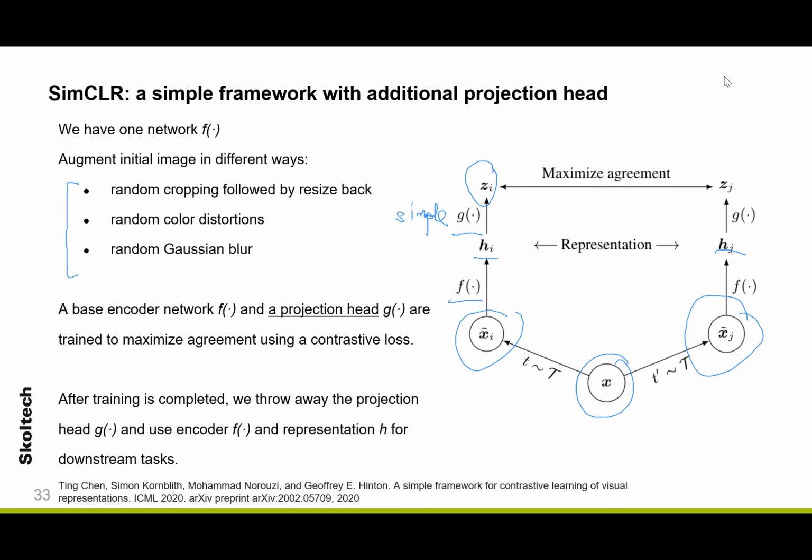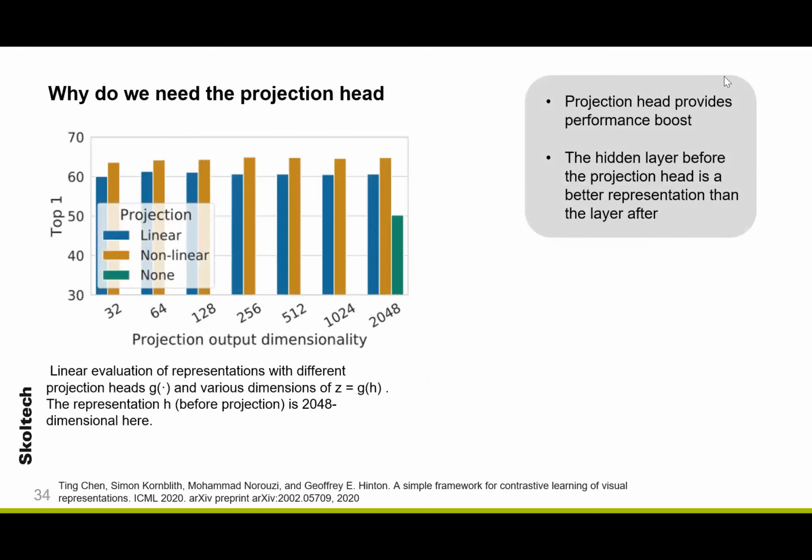For inference, we throw away the projection head and use only the encoder. So we have this representation to solve some downstream task, to train a logistic regression on top of it. And what we see from the paper: why do we need a projection head? Is it really the case that we need it? And the answer is yes.